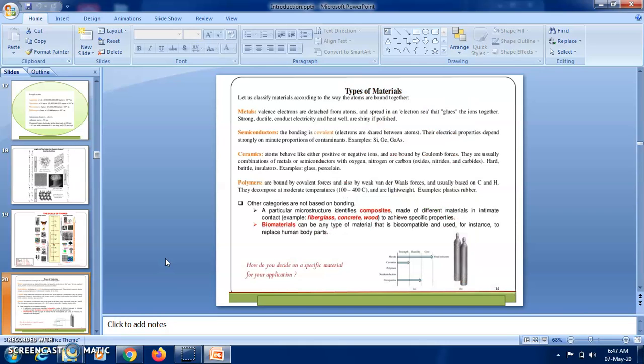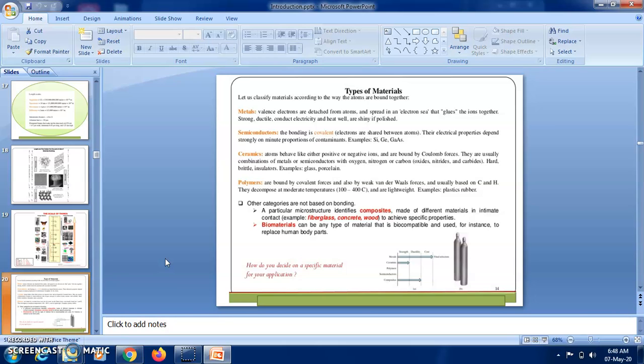Then types of material. Here, materials are classified according to the way the atoms are bound together. First of all we are going to see metals. Valence electrons are detached from atoms and spread in an electron sea that glues the ions together.